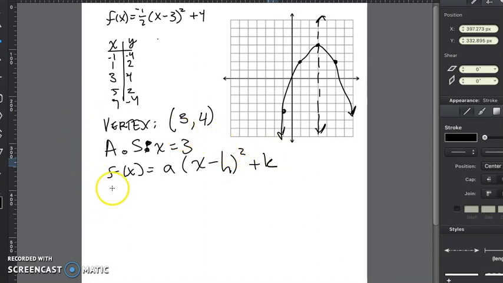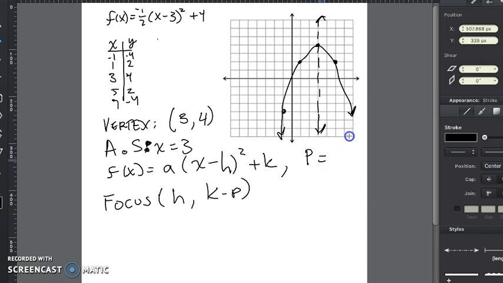Our focus comes directly from that. Our focus for this graph is going to be h comma k minus p. And I'm also going to put it right here, another equation. For that ratio p, you can call it, it is going to be 1 over 4a. That's how I'm going to find p, and that's how I'm going to find my focus.